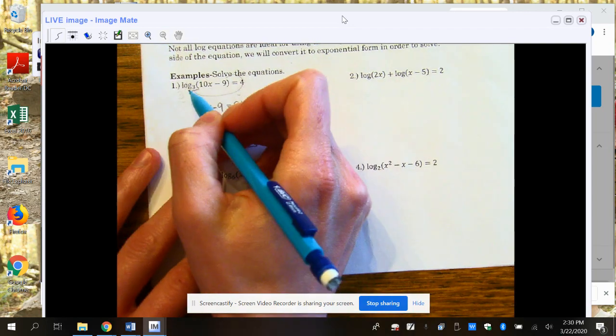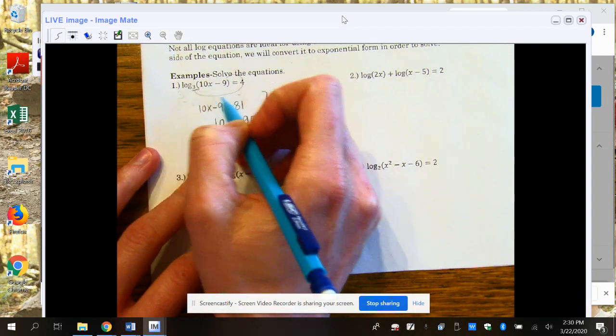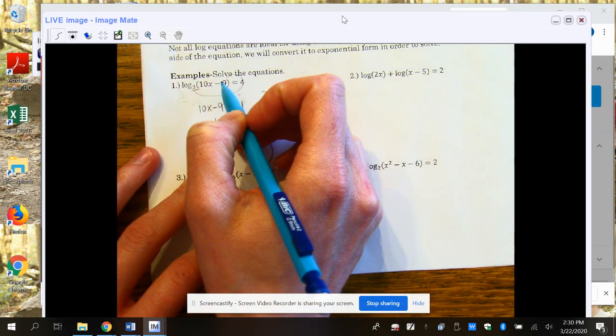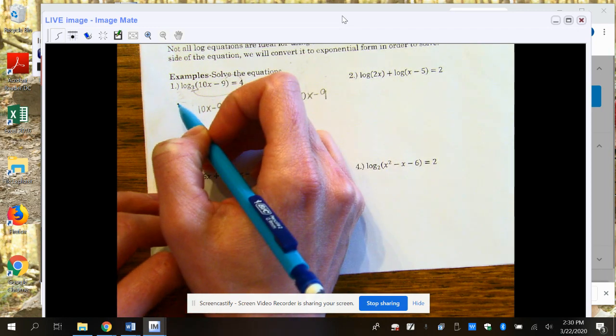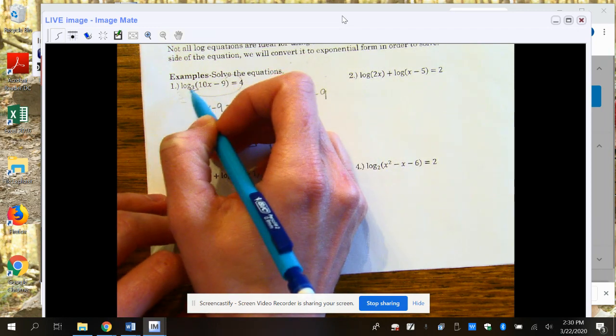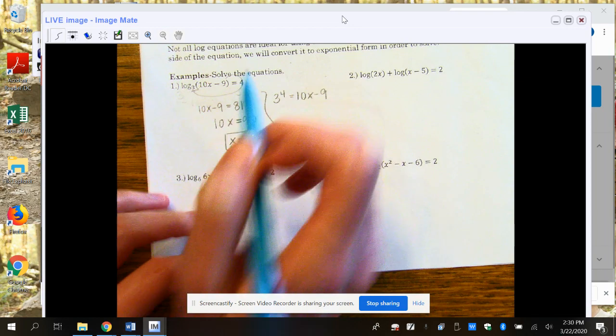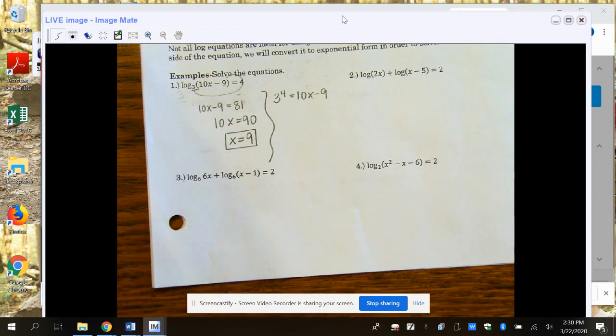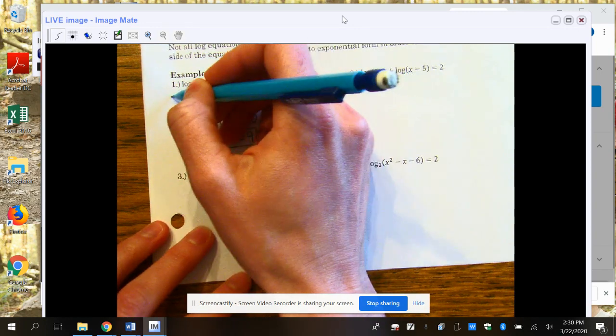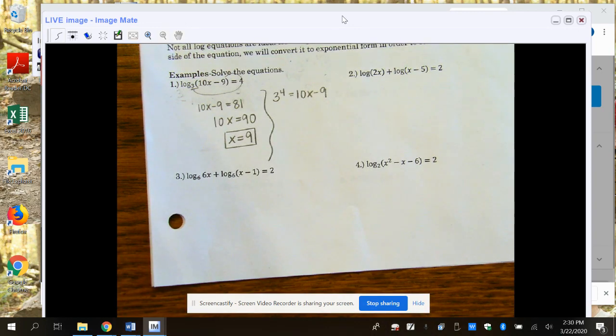So either taking this logarithm and changing it into exponential form, or using the inverse properties to make this and this an exponent, and then we can use the exponential property of equality and the inverse property to cancel those out. Like I said, I'm going to switch off each method so that we understand how to do both, and then you can do whatever works better for you.